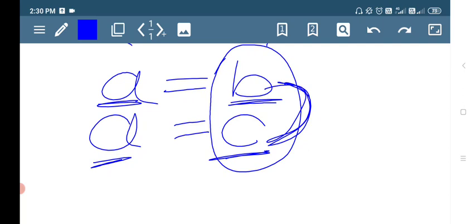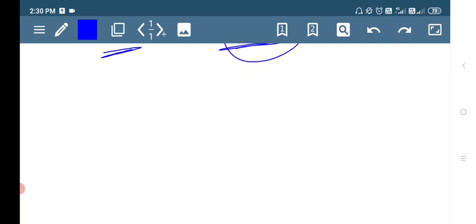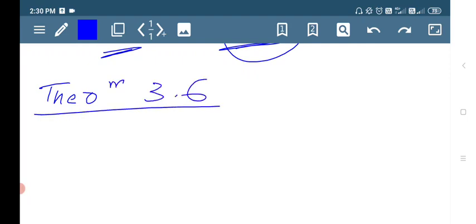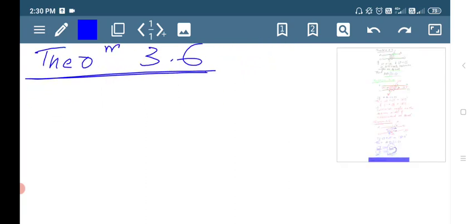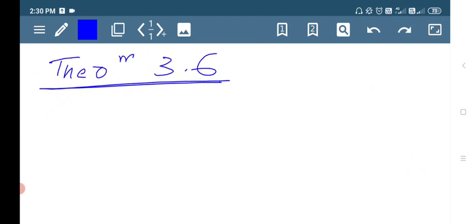So similarly, theorem 3.6 states that lines which are parallel to the same line are parallel to each other.